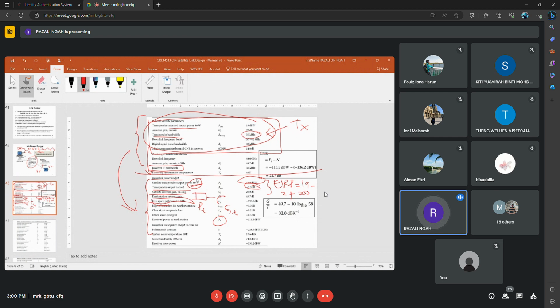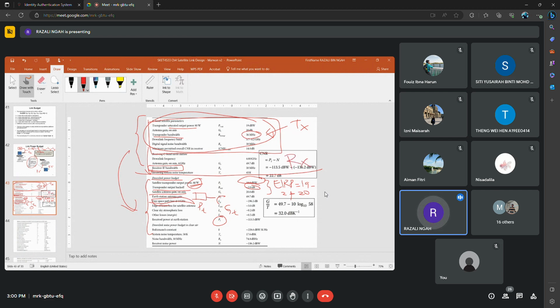So actually, before I go through, based on the given parameters, the transponder or satellite refers to the transmitter, and the receiving C-band earth station refers to your receiver side.